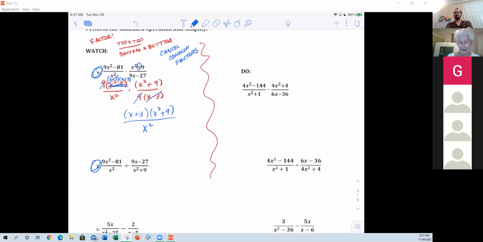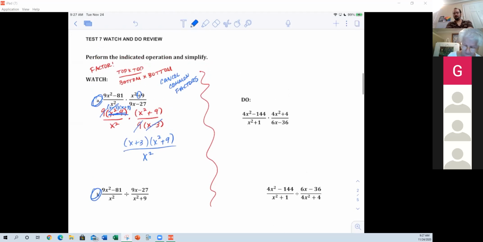So in other words, if you have a squared minus b squared in this section, that'll always factor to be a minus b, a plus b. But if you have a squared plus b squared, that's always going to be prime. That's exactly right. Did that answer your question?